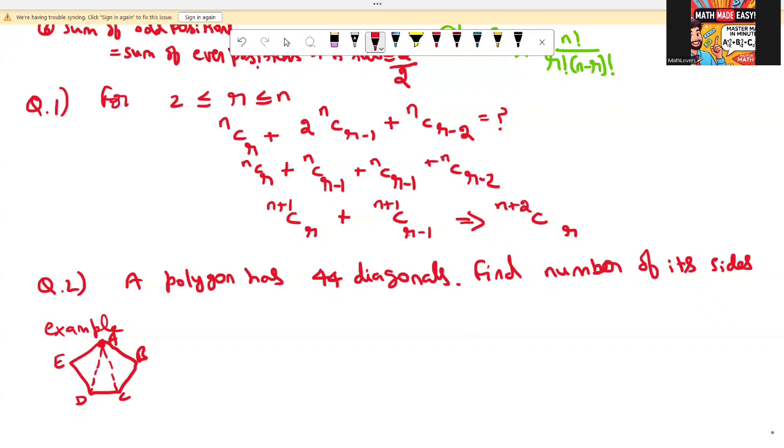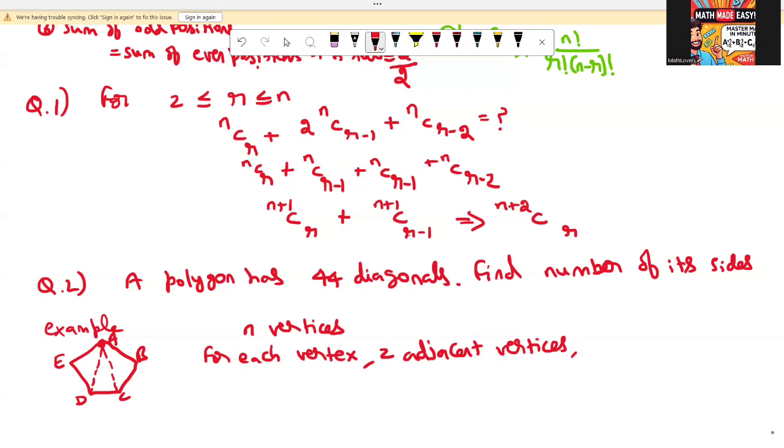So for every vertex, there are going to be 2 adjacent vertices and the others will be non-adjacent. So there are n vertices in an n-sided polygon. For each vertex, there will be 2 adjacent vertices and the remaining n minus 2 non-adjacent ones.